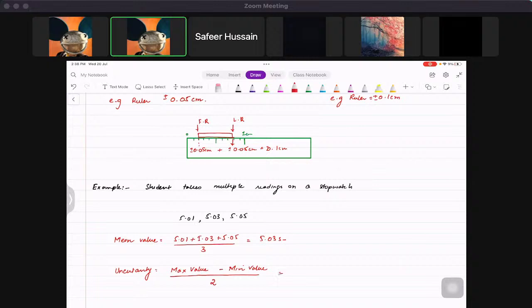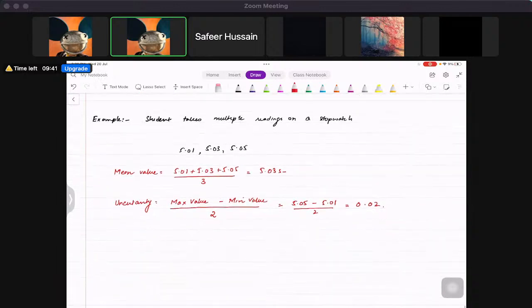So the maximum value is 5.05 minus 5.01 was the minimum, and when you divide by 2, your answer should be 0.02. So how do we write this then? The answer would be 5.03 plus minus 0.02 seconds.